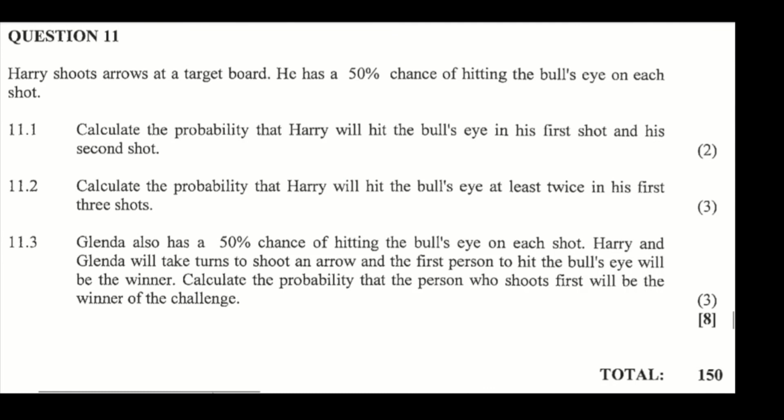So now we're going to do question 11, where Harry shoots arrows at a target board, right? He has a 50% chance of hitting the bull's eye on each shot. So 11.1, calculate the probability that Harry will hit the bull's eye in the first shot and his second shot. Let's first draw this tree diagram.